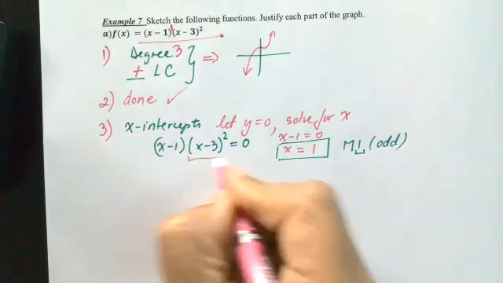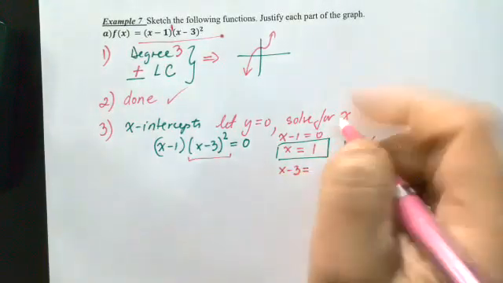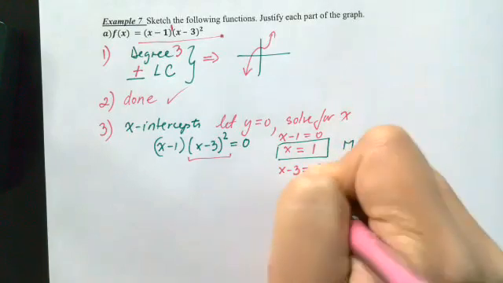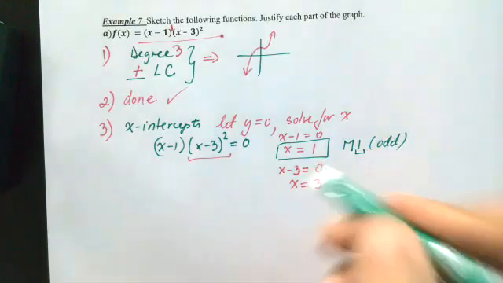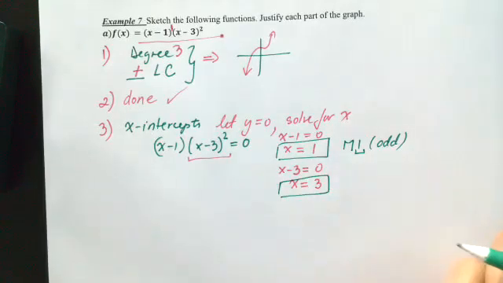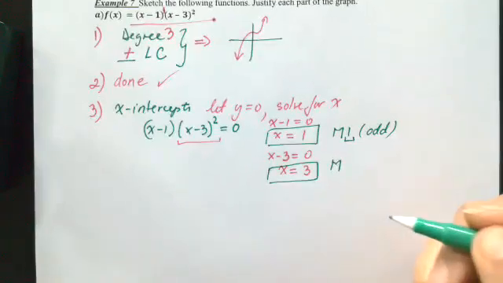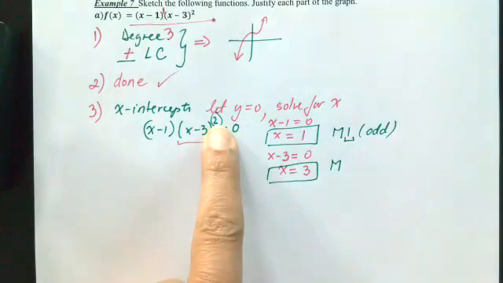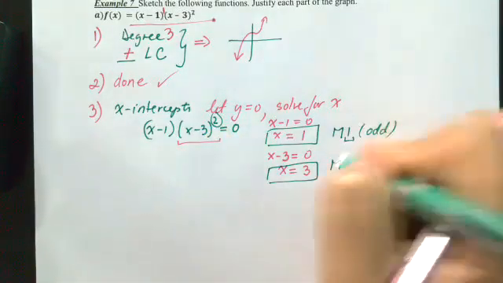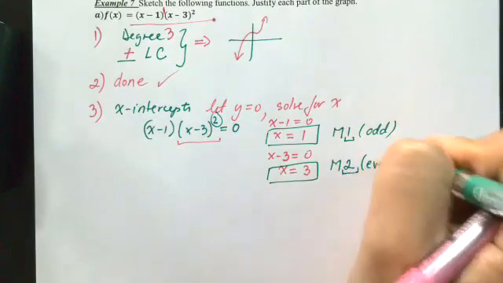In the second bracket, x minus 3 equals 0, so x equals 3. What's the multiplicity of this root? It's 2, because it's a squared bracket. So 2, which is even.